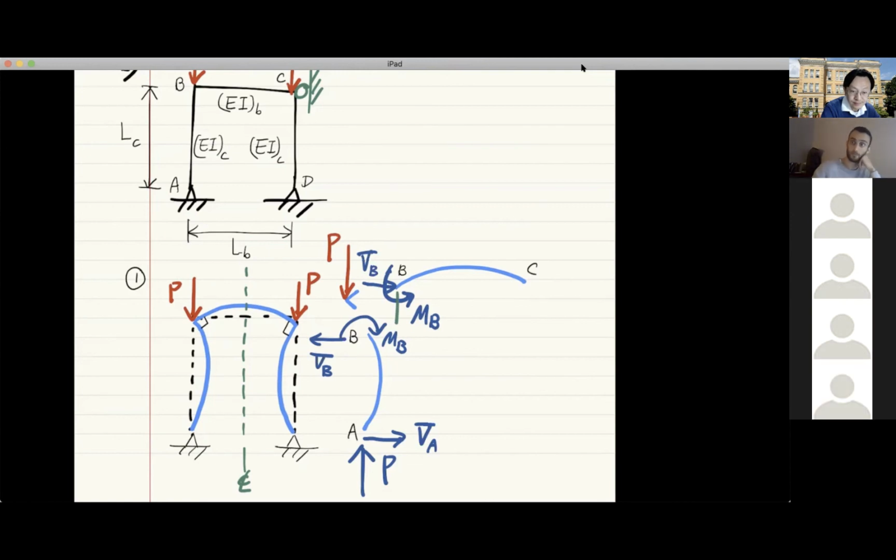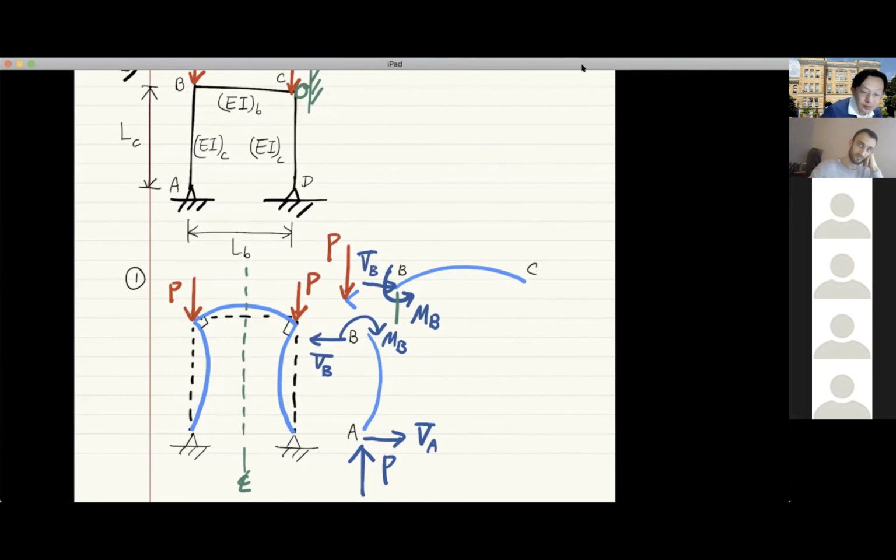Should be down, right? Yes, I believe so. Why should it be down? Because the joint at B is going to be resisting the force P, so it's going to be opposite.